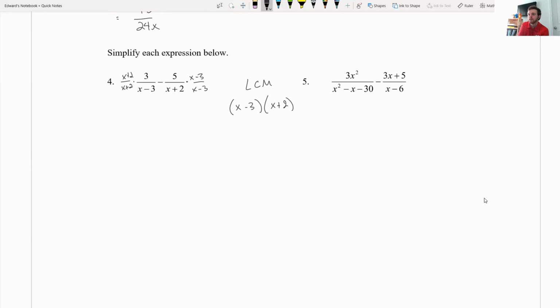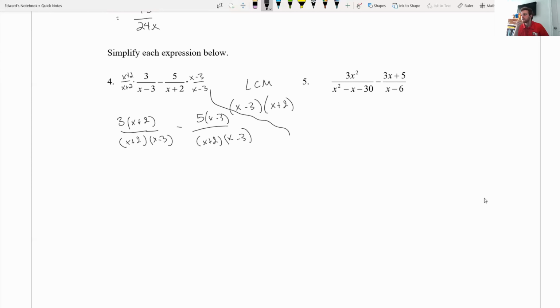Then we get 3 times x plus 2 over x plus 2 times x minus 3. I'm very aware that we're making this more complicated, but we are turning it into one fraction, which has its benefits. And then over here, we're going to have 5 times x minus 3 over x plus 2 times x minus 3.